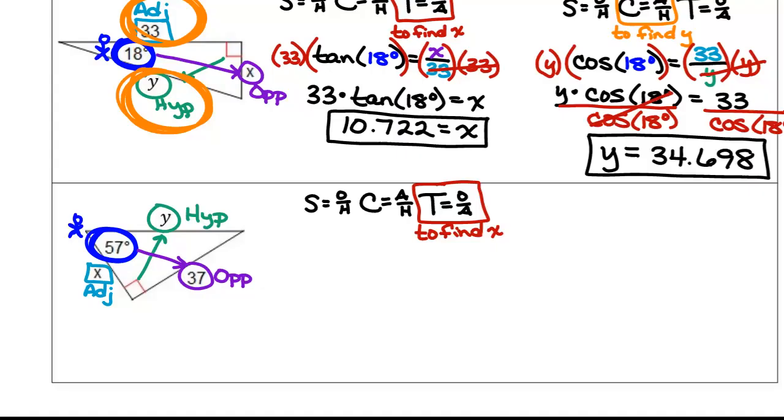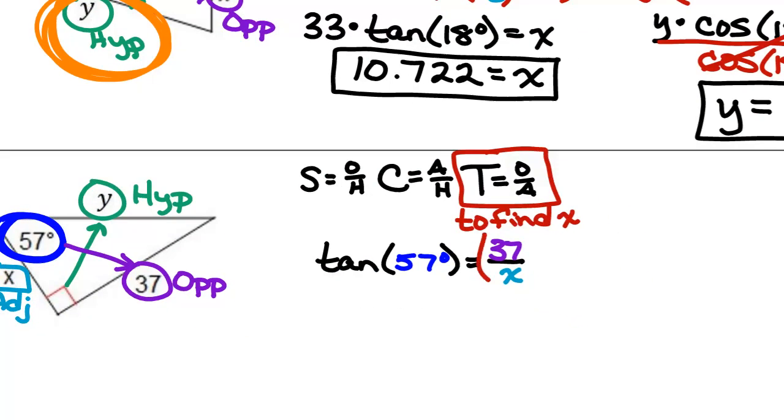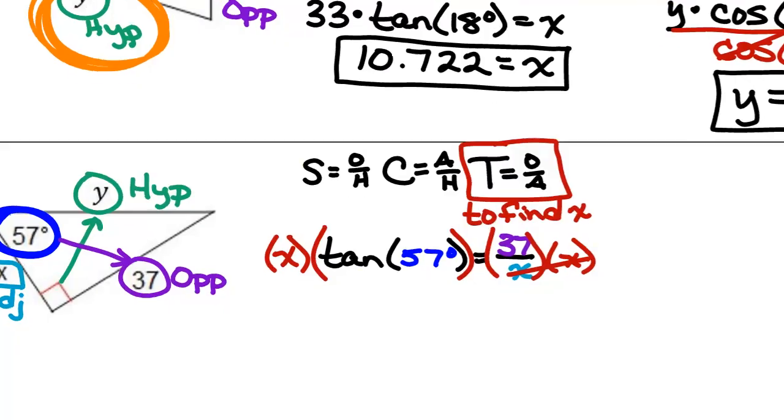So we have tangent of 57 degrees equals the opposite side, 37, over the adjacent side, x. Multiply both sides by the denominator, so we multiply both sides by x. Cancels my denominator over here on the right.